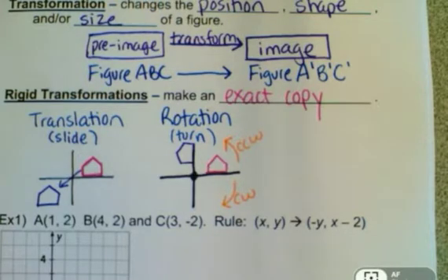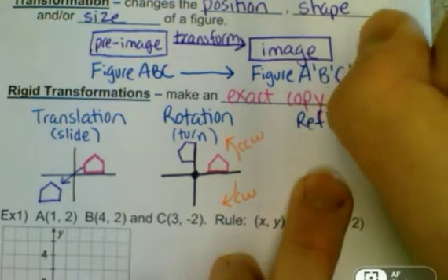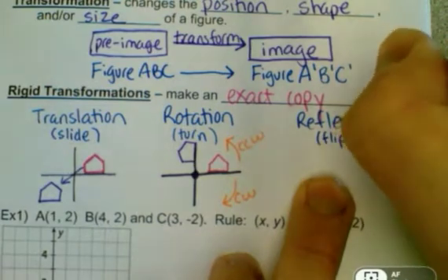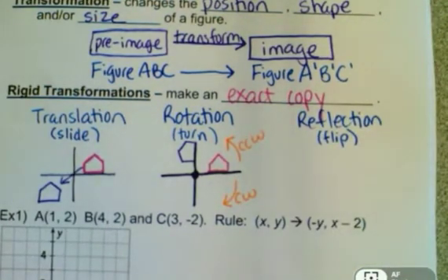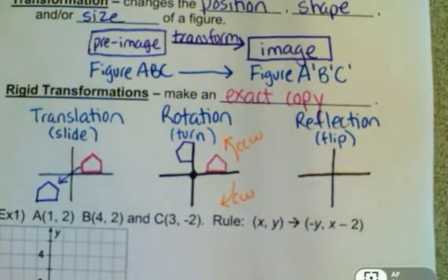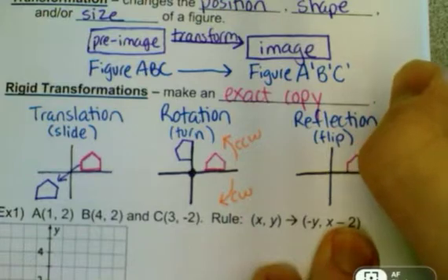And then finally, let's show what a reflection might look like. A reflection, more informally, would be called a flip. X and Y axes. Let's draw our pre-image again, our little house.